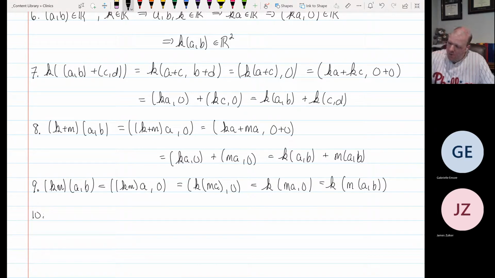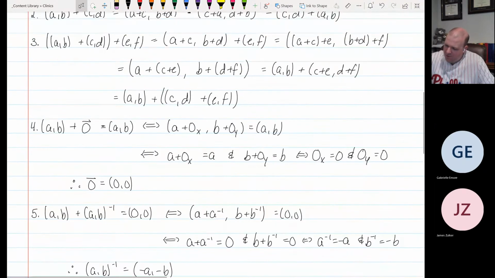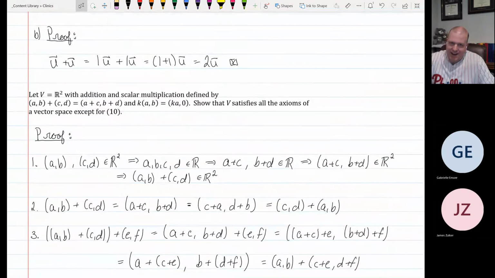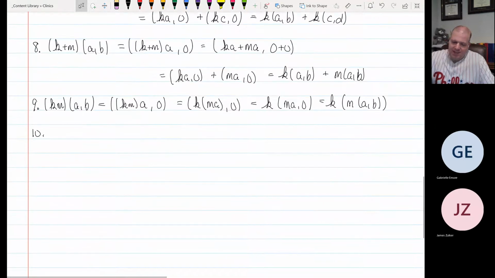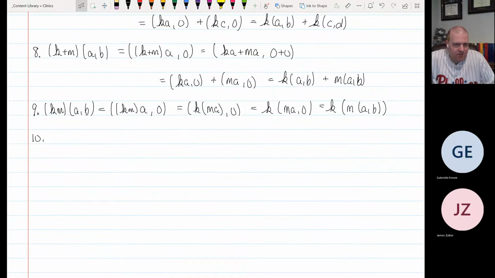Remember, that's what we wanted to do. We wanted to show that the first 9 axioms are satisfied, 10 isn't. But what's 10? Well, 10 states that the real number 1 is the multiplicative identity. So what we need is that 1 times AB equals AB.